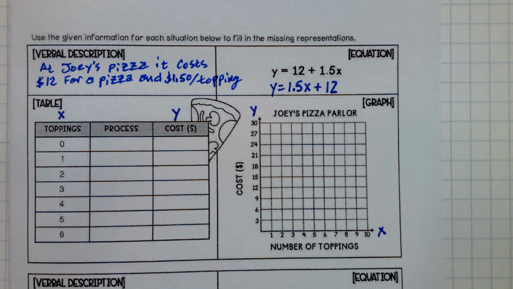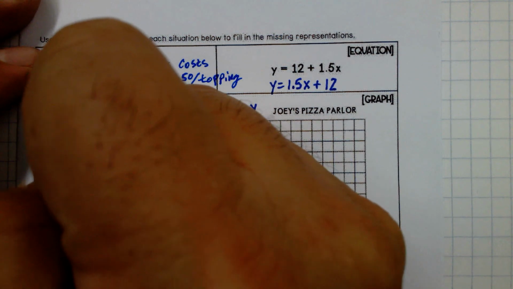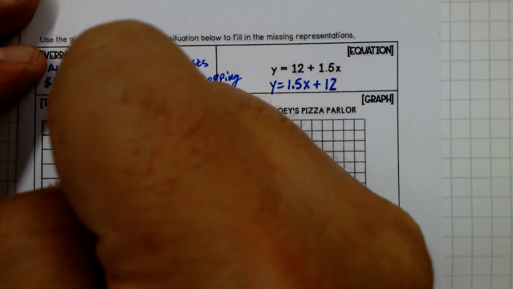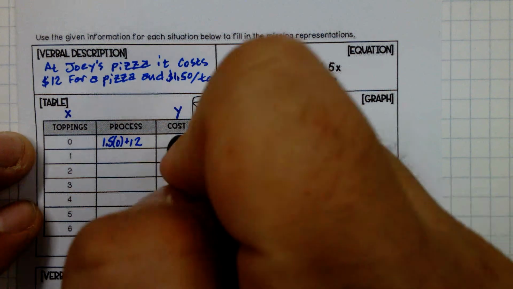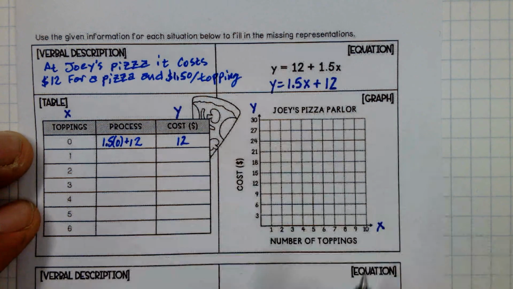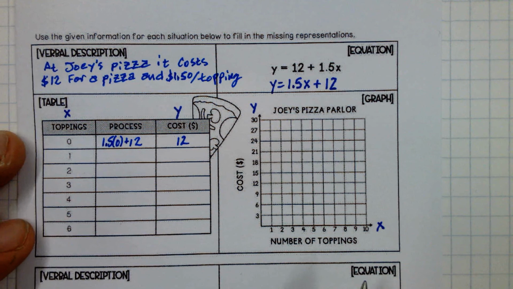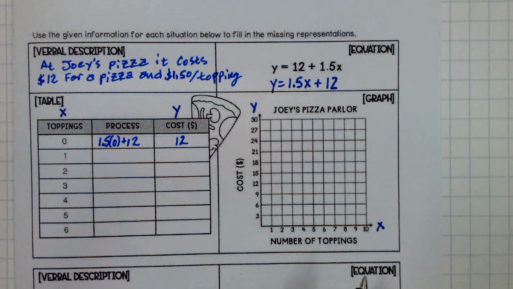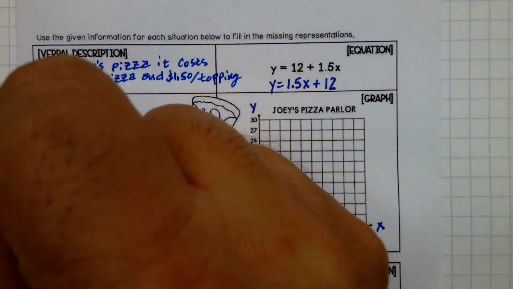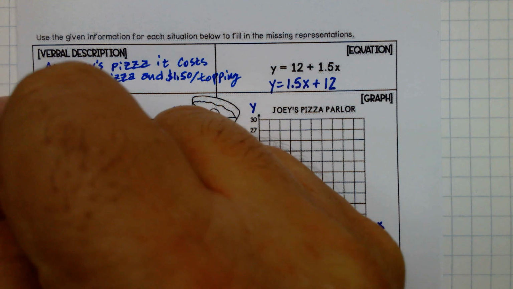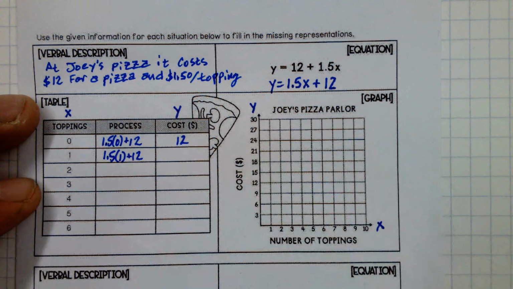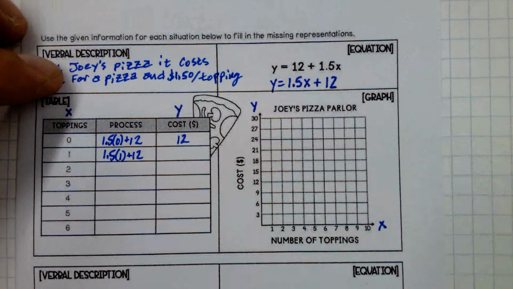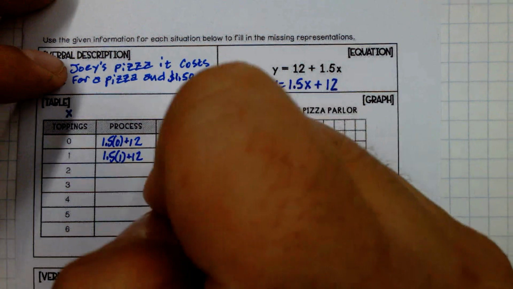So let's go ahead and fill that in. So it would be 1.5 times 0 plus 12, which would be $12. Oh, just leave it there. Then we have 1.5 times 1 plus 12. How much would that be? $13.50.